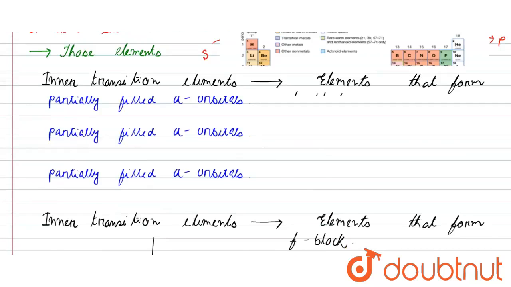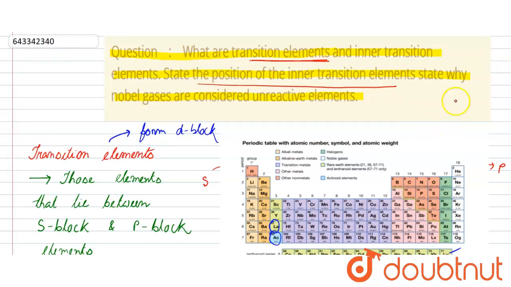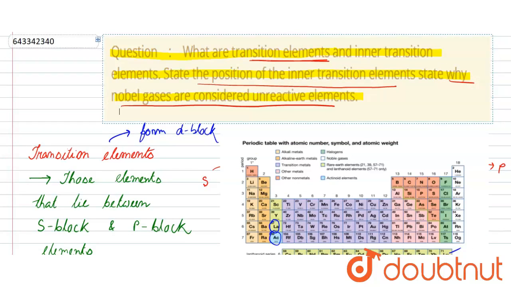Then we are asked why noble gases are considered unreactive elements.